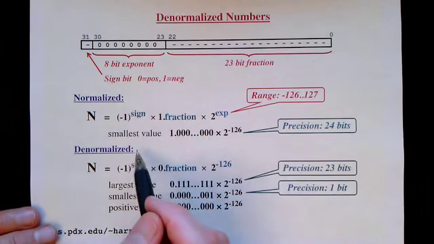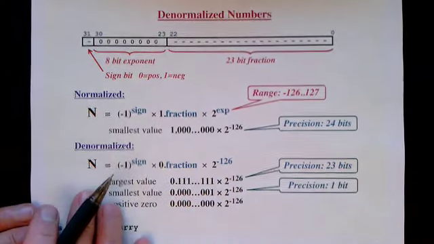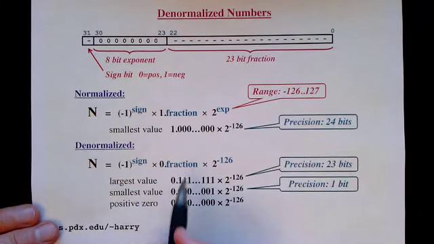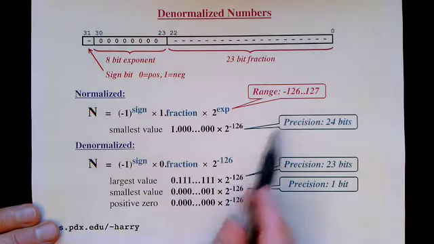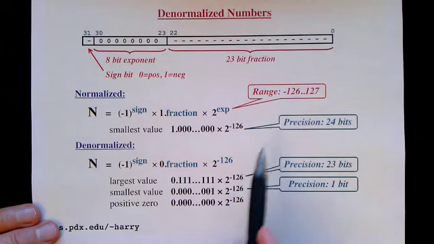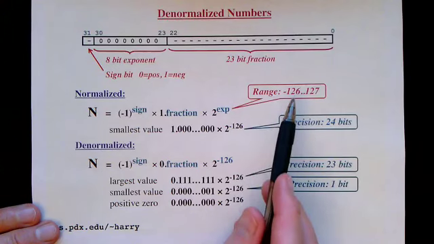Now let's look at the denormalized numbers, and let's look at the largest value that we can represent. The largest value we can represent is when this fraction is all ones. So it's 0.111 and so on times 2 to the -126. Notice that this exponent is the same as the lowest exponent.